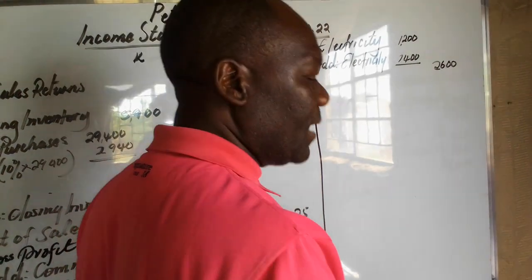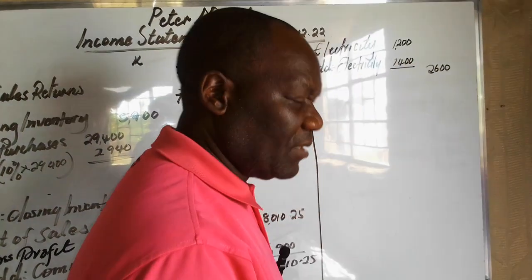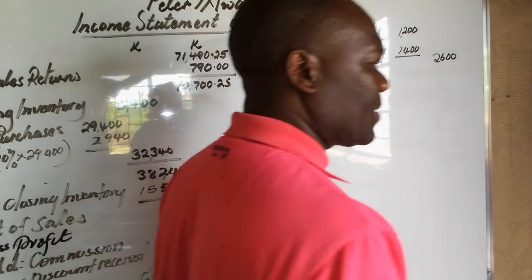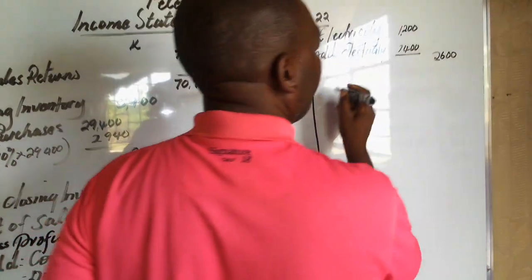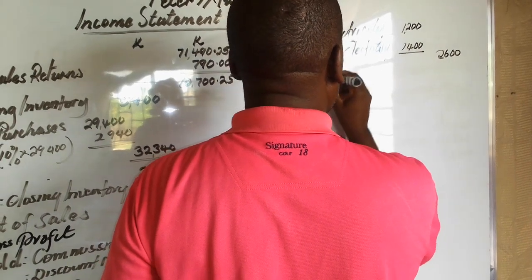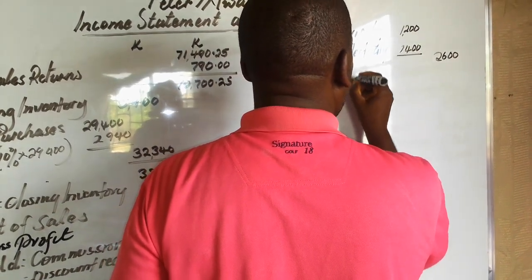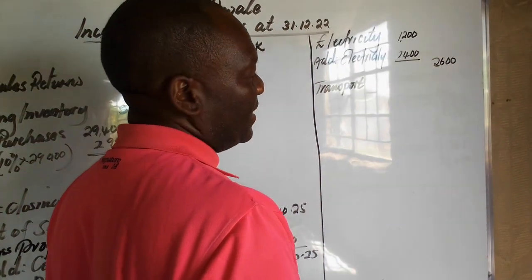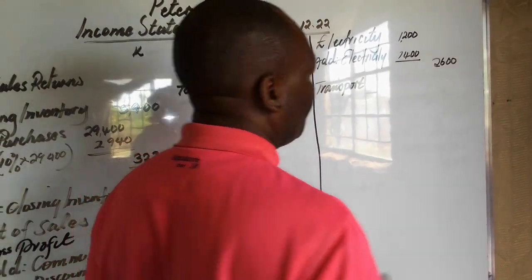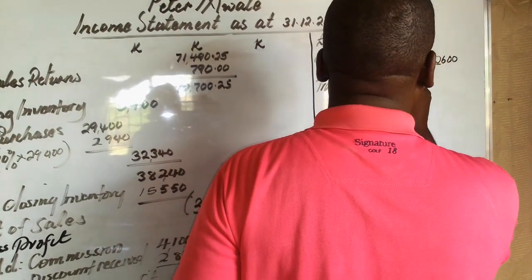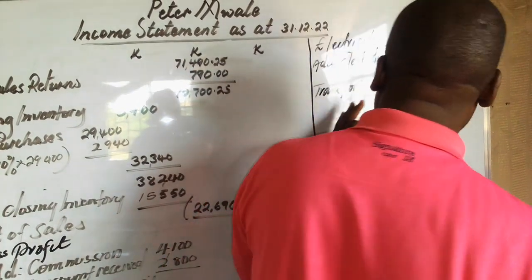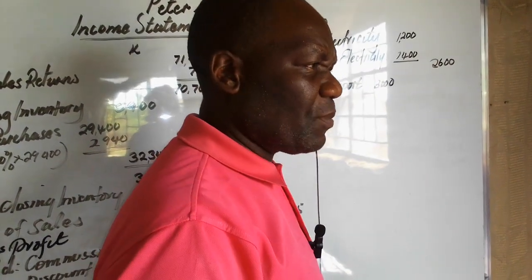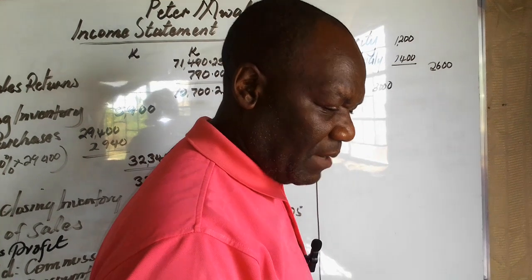The next expense, according to the question, is transport. Transport is 3,000 kwacha. This is transport for the period. But there was other transport which was not recorded, for the tables as we read.